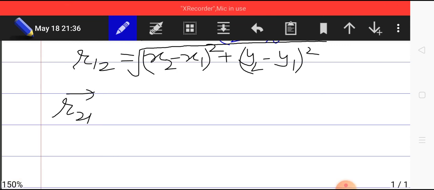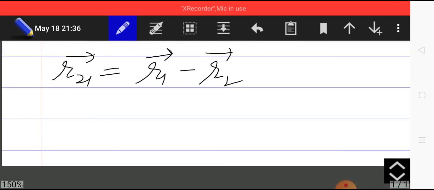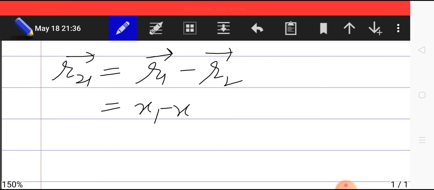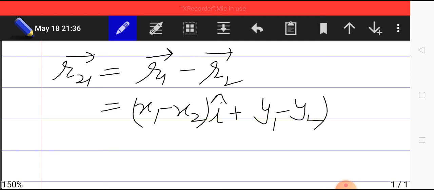In the same manner, we can write r21 vector as r1 vector minus r2 vector, subtracting the corresponding terms: x1 minus x2 i plus y1 minus y2 j.